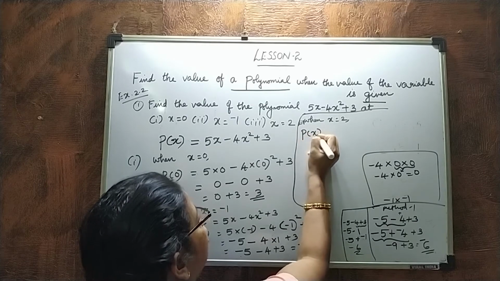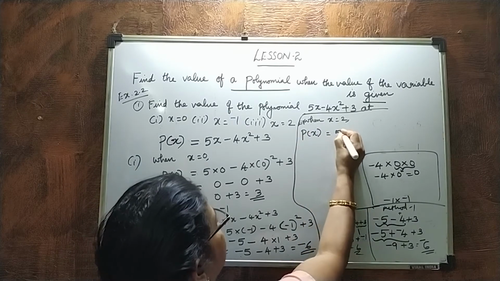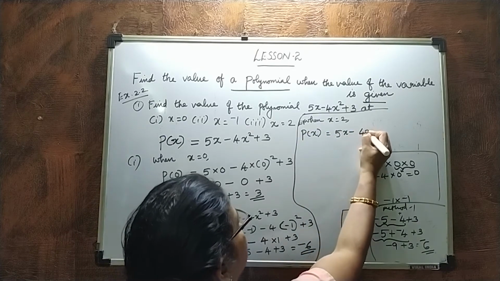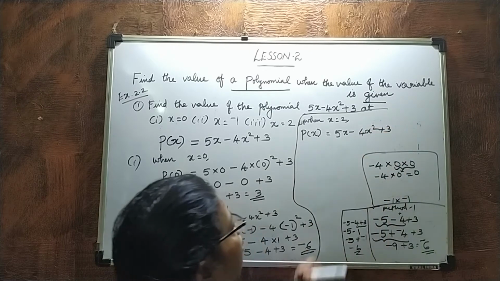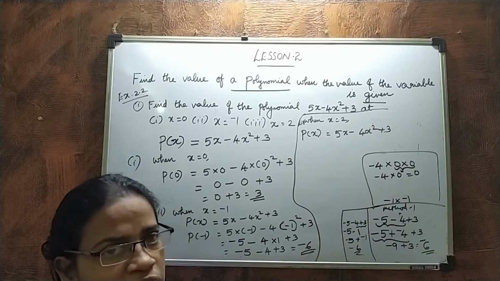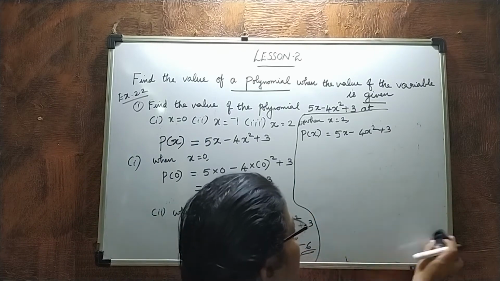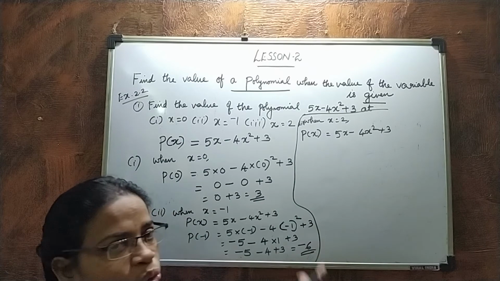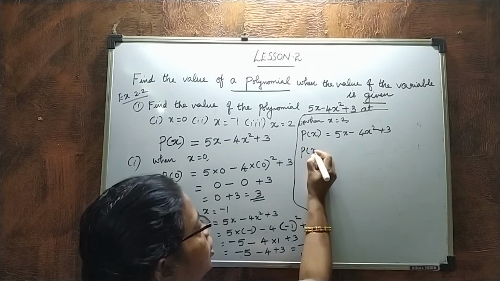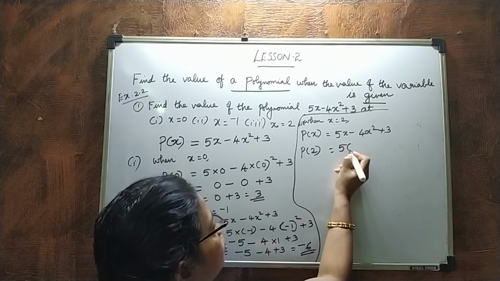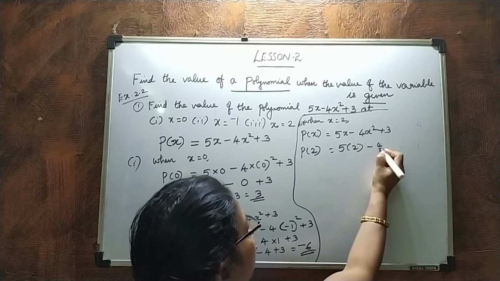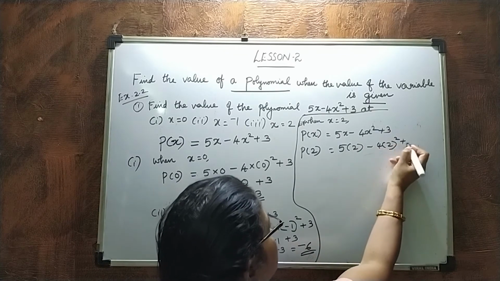P of x is equal to 5x minus 4x square plus 3. Then you have to substitute instead of x, 2, because they have given you 2 there. So P of 2 equals 5 into 2 minus 4 into 2 square plus 3.